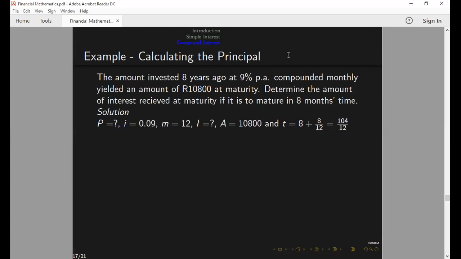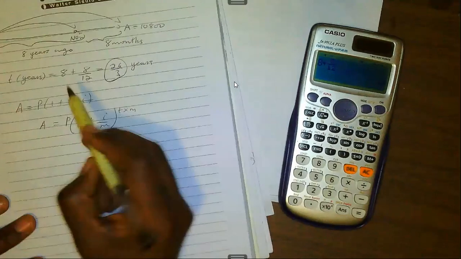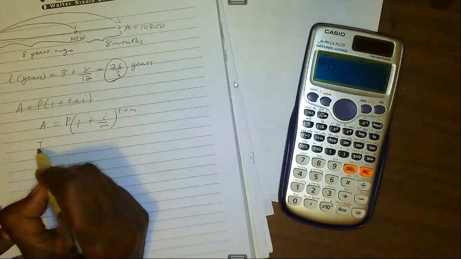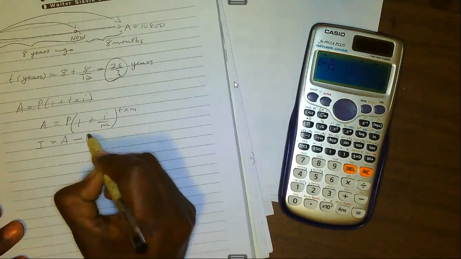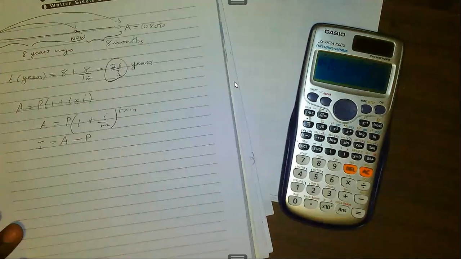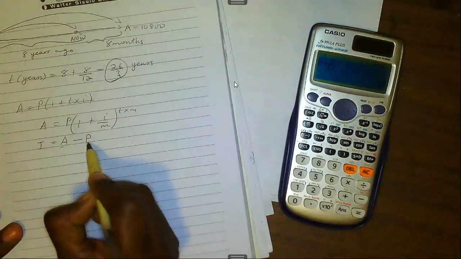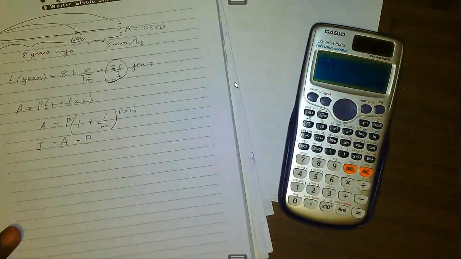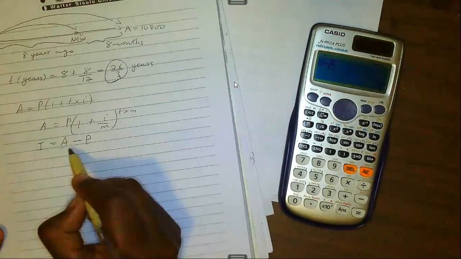But the question now is, how do you determine the amount of interest? Interest is calculated the same way. It's the amount you gained minus the amount you put in. This is the revenue minus the initial amount, the opening amount. So this is how much you have made on this investment. That's the interest we're talking about.